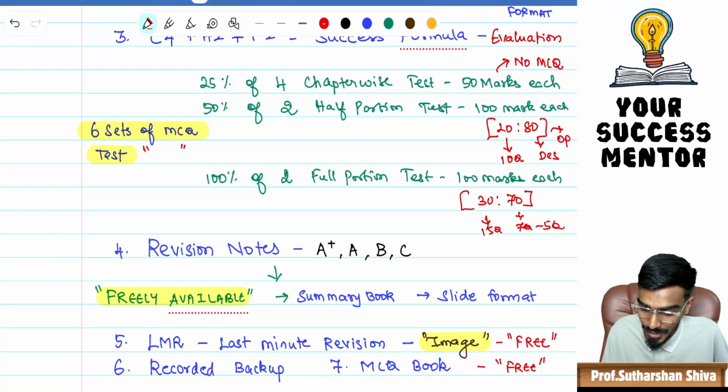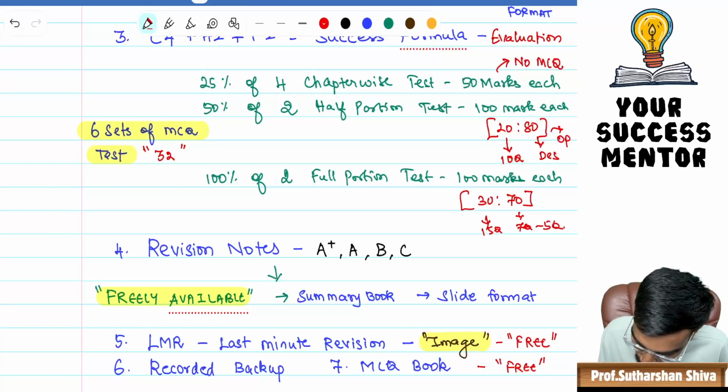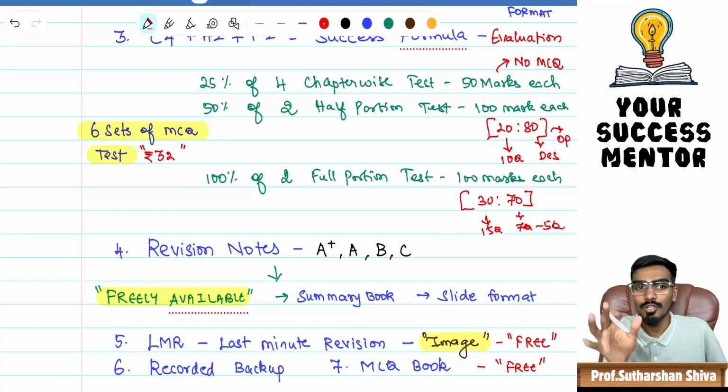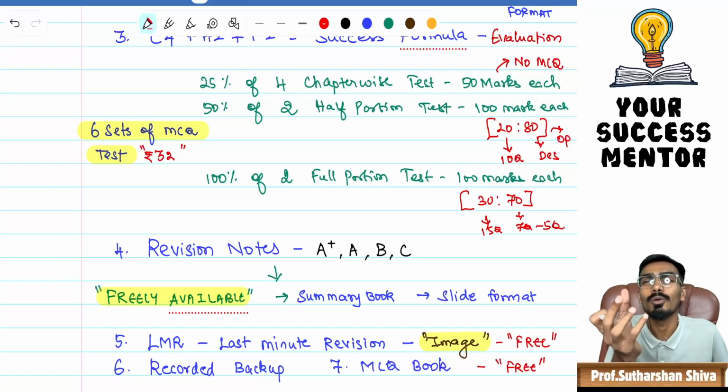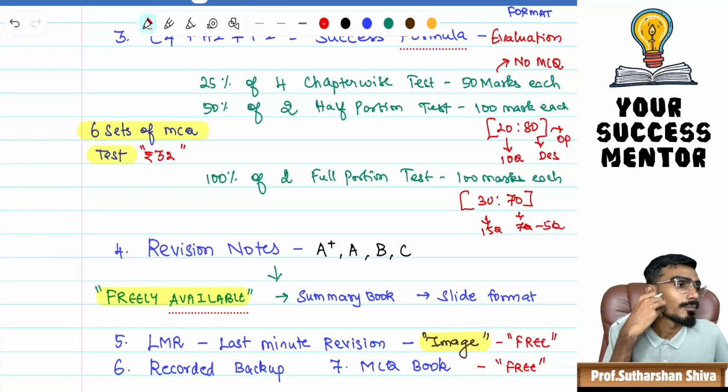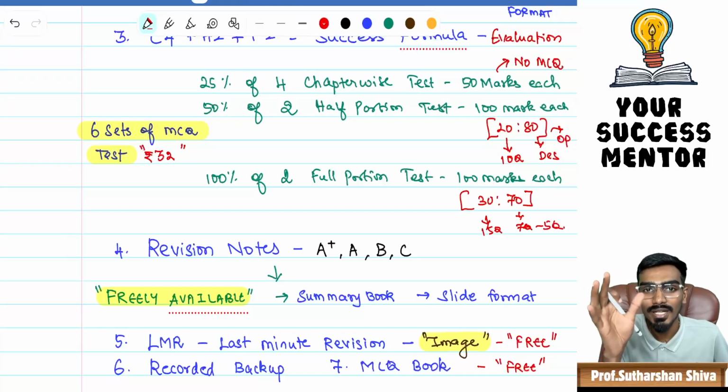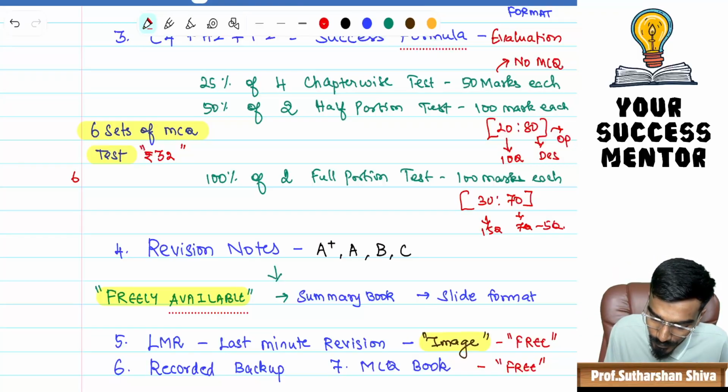Actually, I'm planning for the entire group for 32 rupees. Just 32 rupees. Actually, I want to do it for 1 rupee, but if I take 1 rupee, nobody will have proper dedication towards the test. So I want to collect somewhere around, not 32, I guess. It is 6 into 4, which is 24. Yes, 24 rupees we are planning to collect.